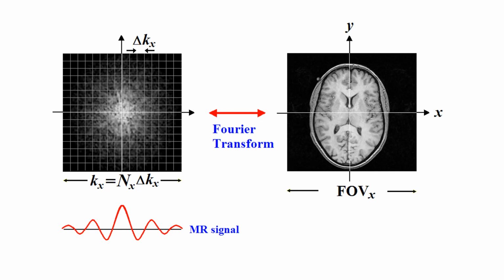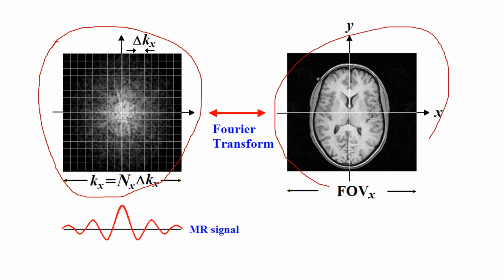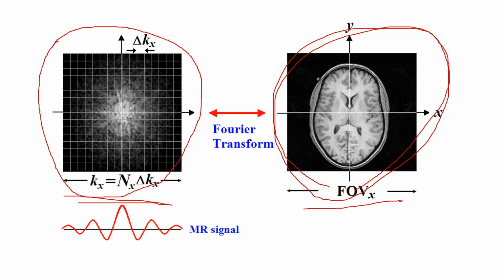So this is represented by the MR signal, and this gives the MR image. So this corresponds to K space, and this corresponds to image space or real space.